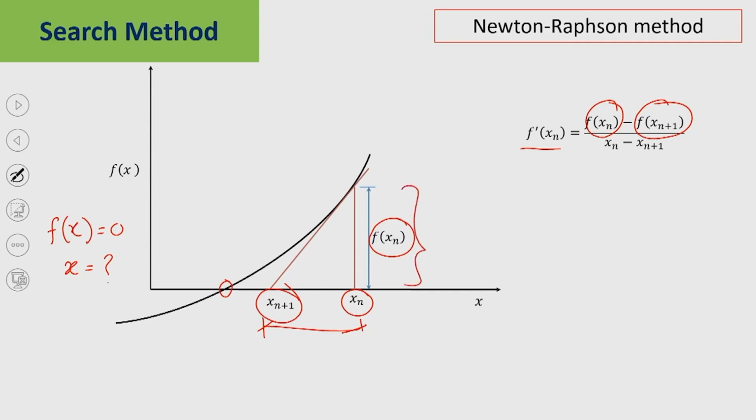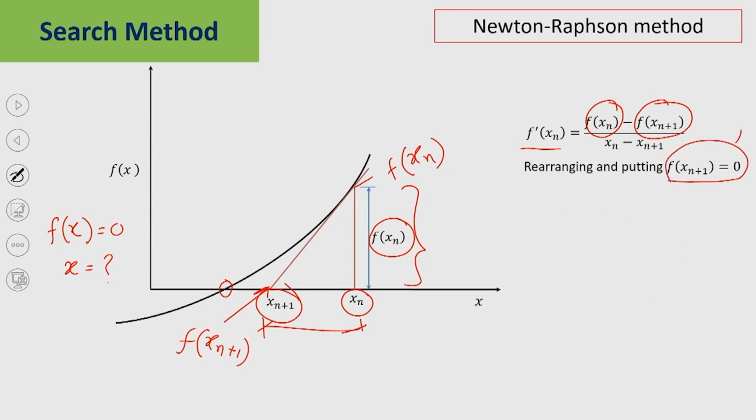The value at x n plus 1 is f of x n plus 1. Now f of x n plus 1 is equal to 0, so I put f of x n plus 1 equal to 0 in this equation and rearrange the terms.